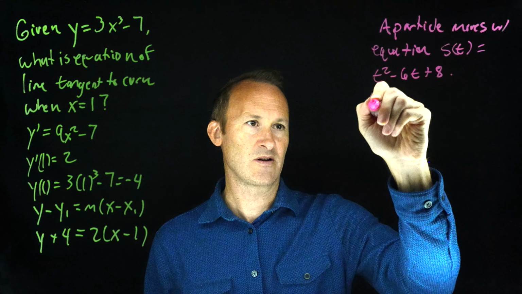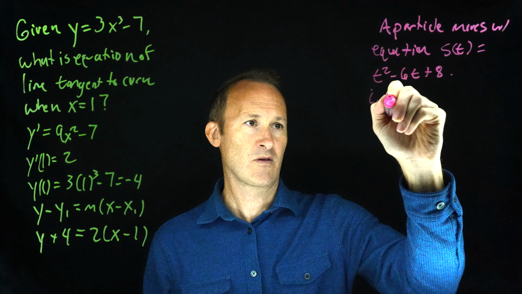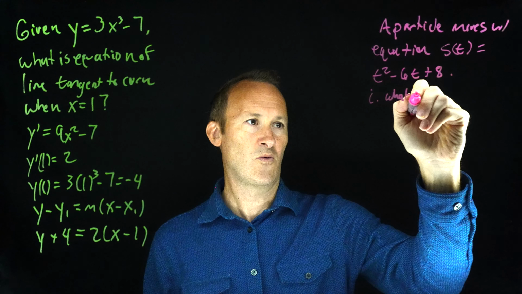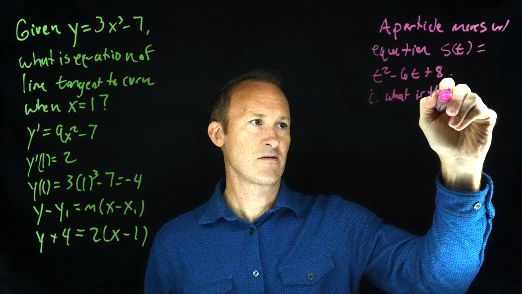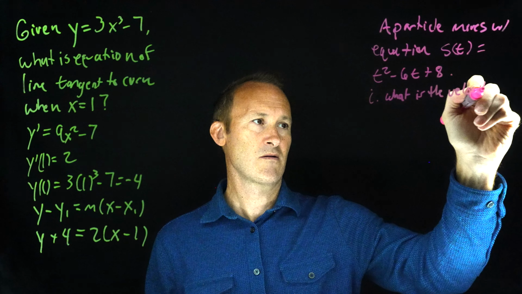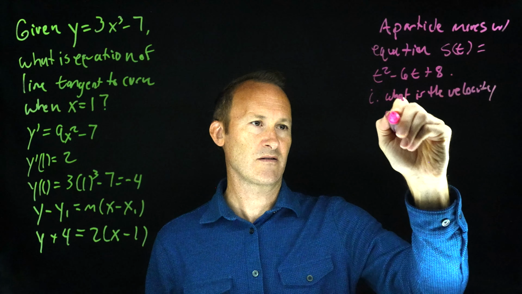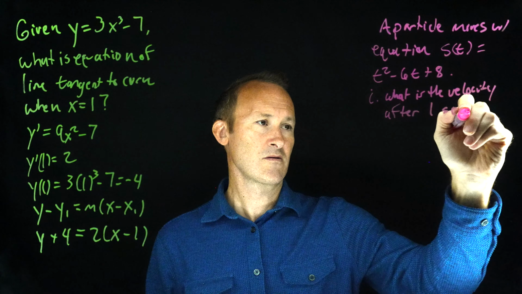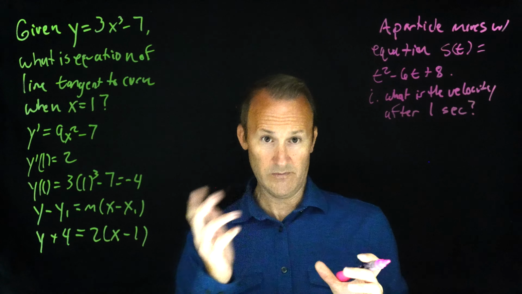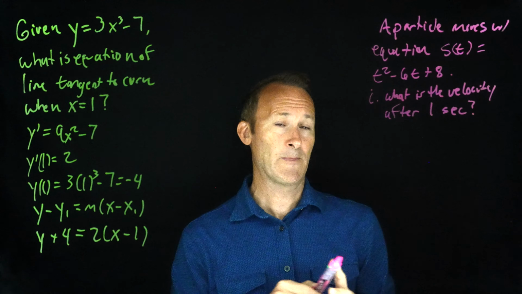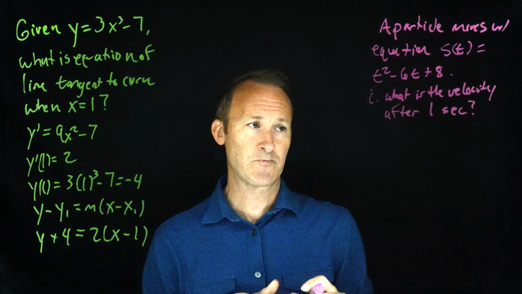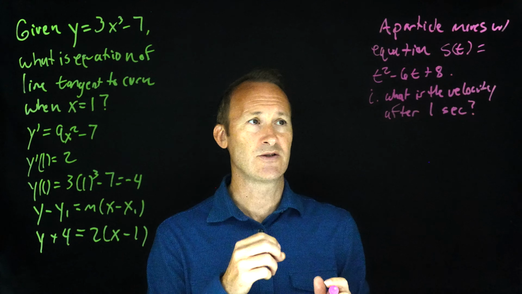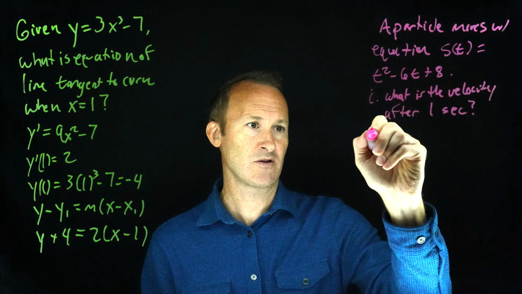And the questions might be like the following. One, we'll just take them one at a time. What is the velocity after 1 second? Okay, well, velocity is the derivative of position. So what you need to do here is take the derivative of your function.